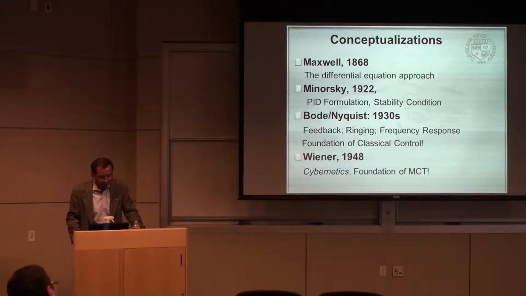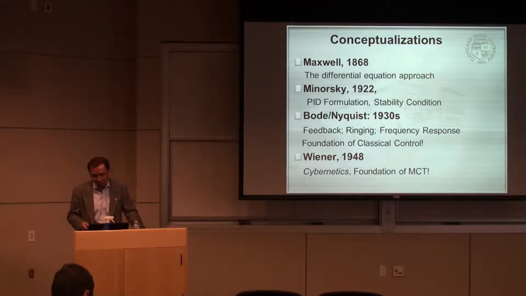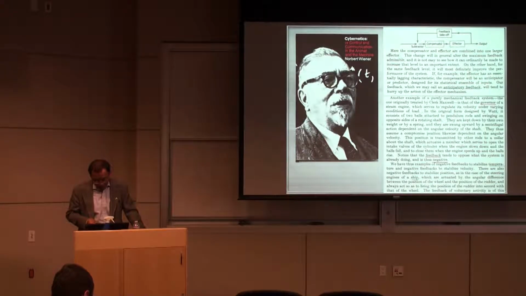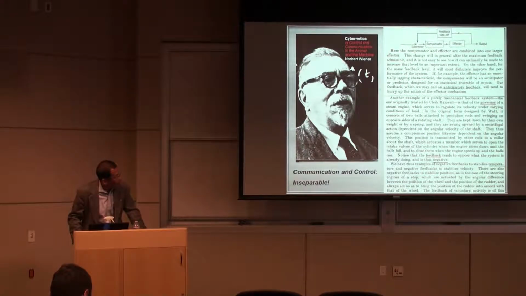And then we come to 1948 with Nobel winner Norbert Wiener. He wrote a book on cybernetics, and that provided the foundation or the beginning of modern control theory. So this is a very brief list of the effort to conceptualize the inventions.